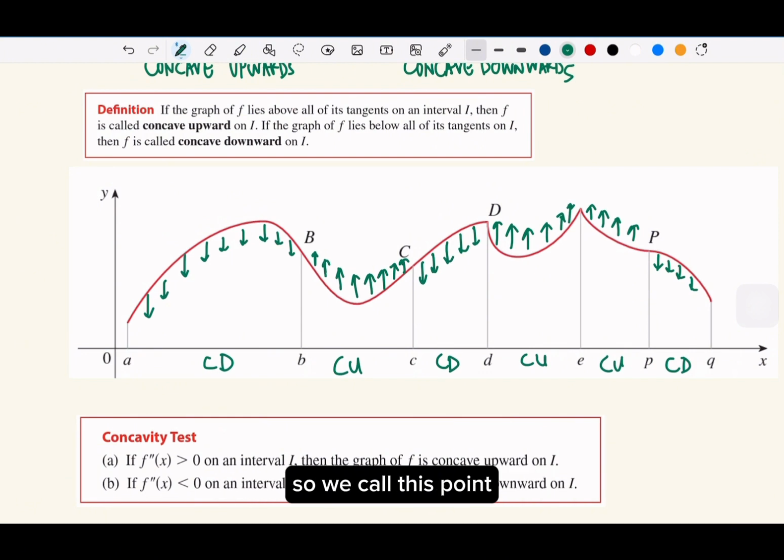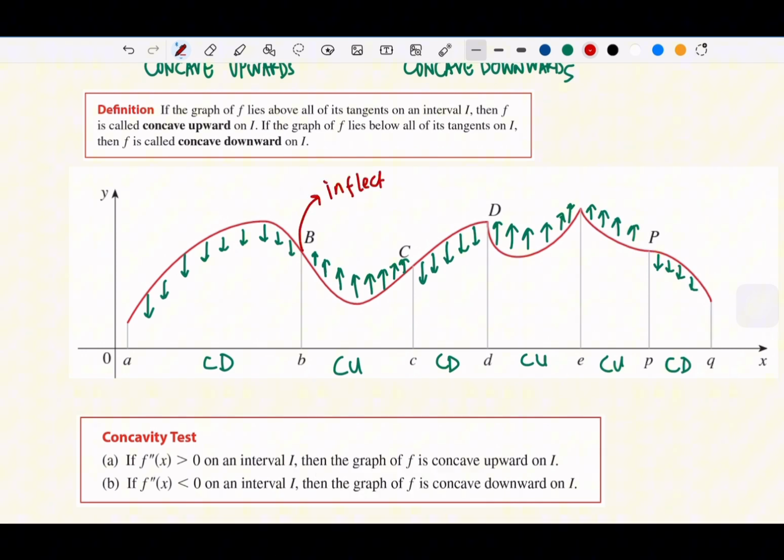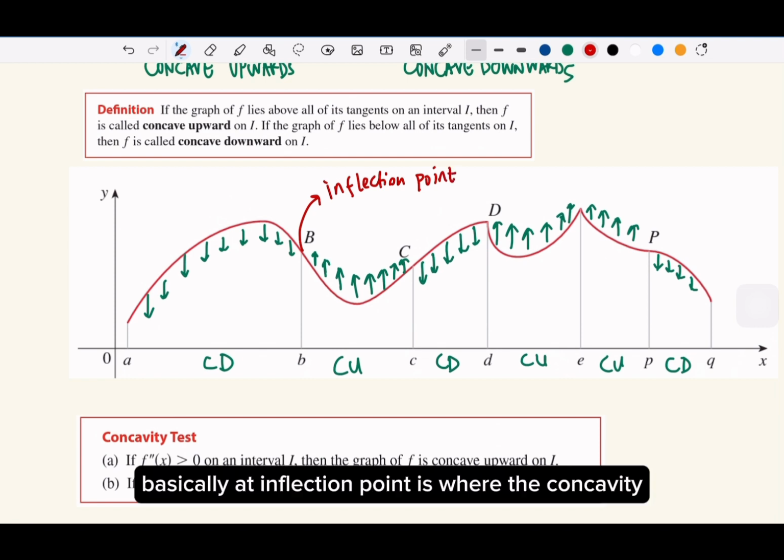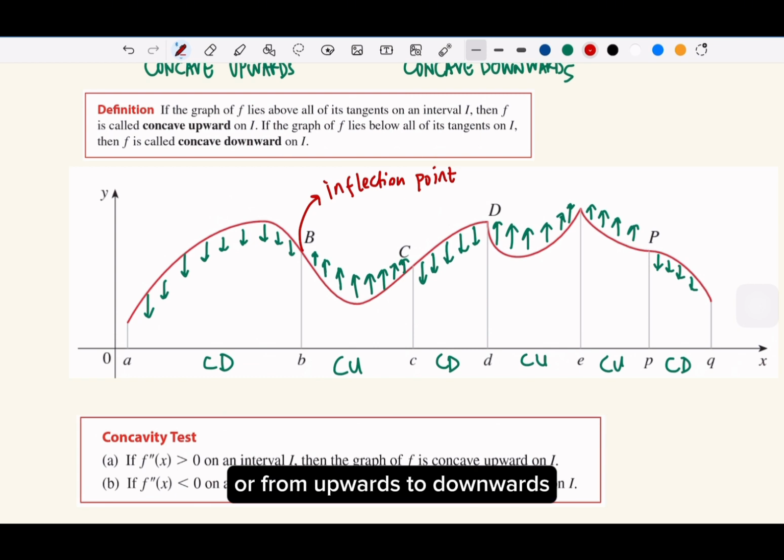So we call this point B an inflection point. Basically, an inflection point is where the concavity changes, either from downward to upwards or from upwards to downwards. So this point C is also another inflection point.